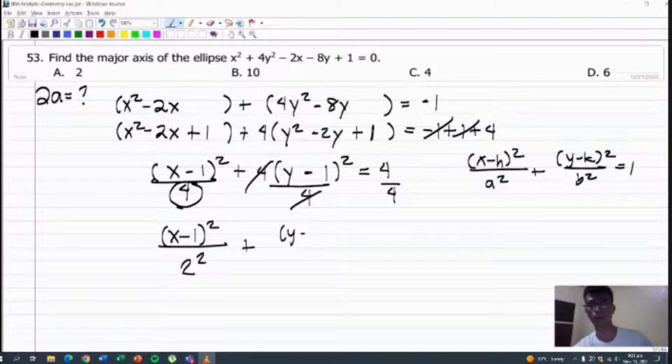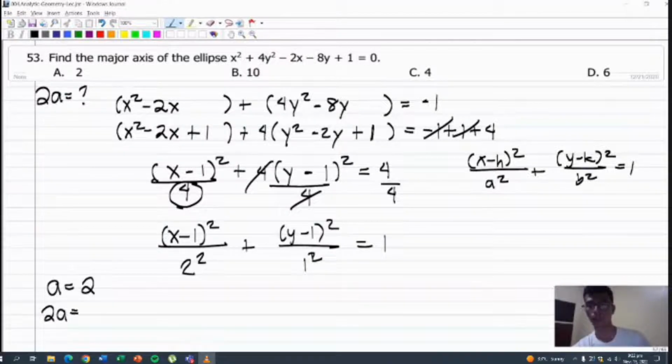Yung matitirang y minus 1 square, which is over 1 square. And equal to 1. Siyempre, sabi nga natin sa ellipse, yung mas malaking denominator, that is always the value of a. So, therefore, a is 2. And solving for 2a, that's 2 times 2, which is equal to 4. Letter C.